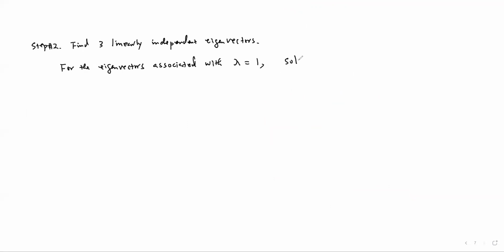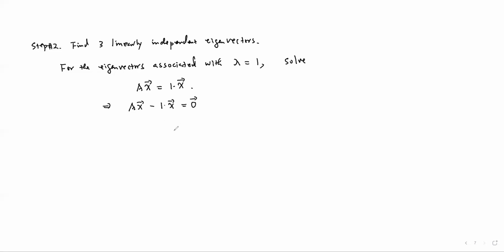Solve this equation, Ax equals 1 times x. How to solve this equation? Move the right side to the left side. Then the right side is 0.